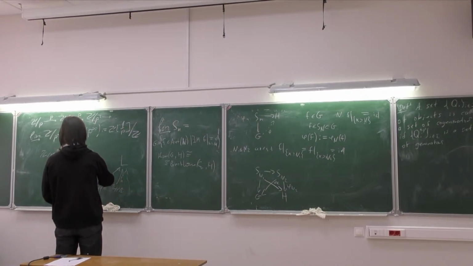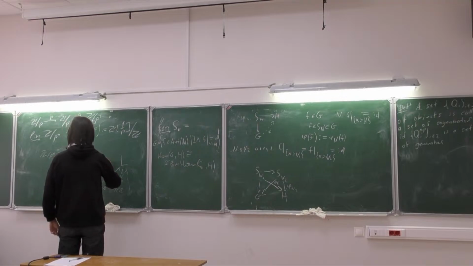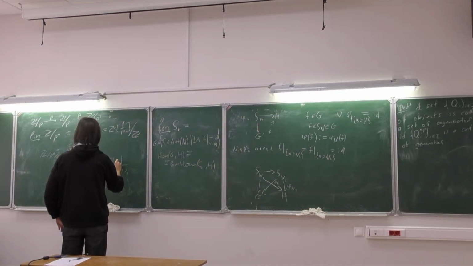And I need to prove that we have a unique morphism from the Prüfer group.